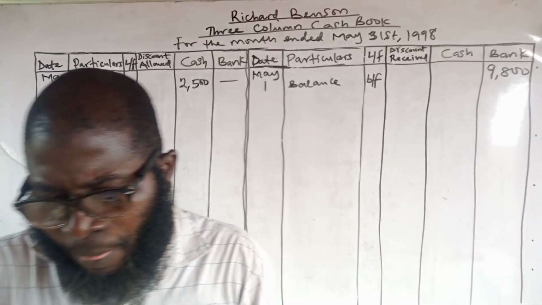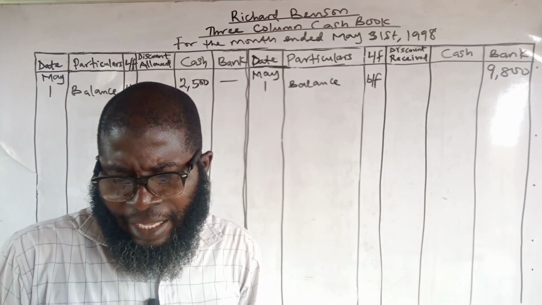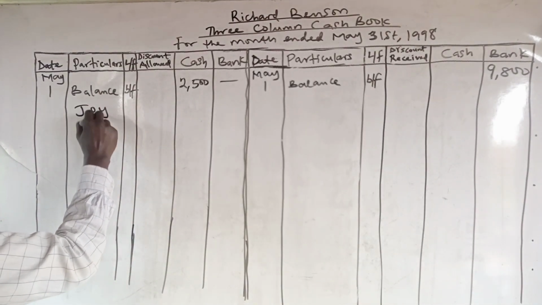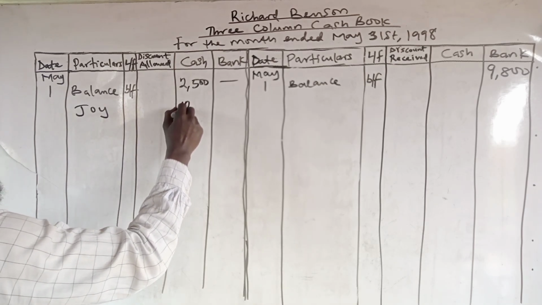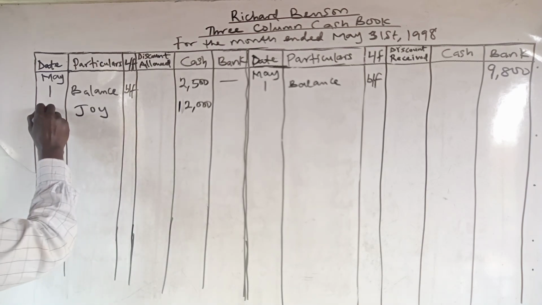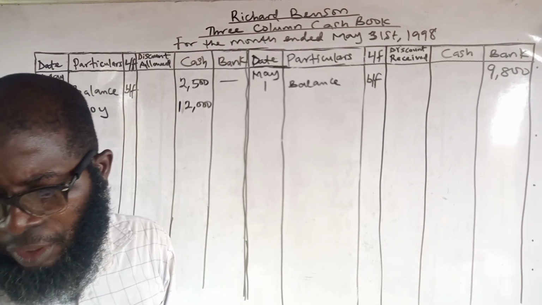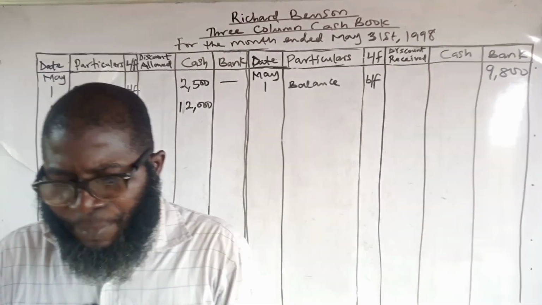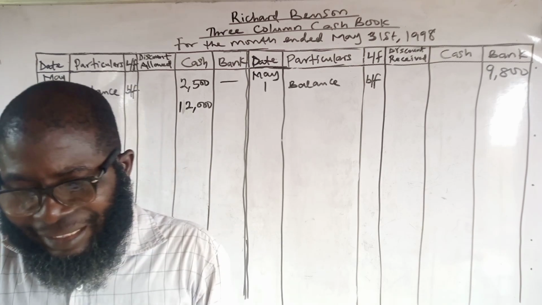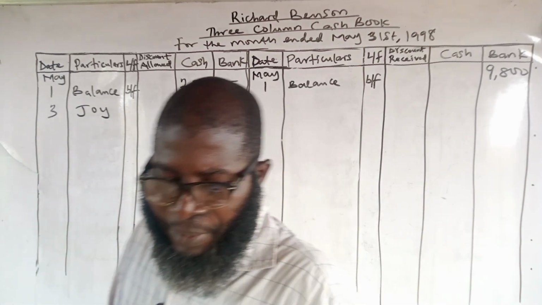Now, the next thing, May 3rd, received from Joy a loan of 12,000 naira by cash. Then we have Joy, cash, 12,000 naira. May 4th, withdrew cash from bank for use in the business, 900 naira. This is a contra entry indicating that money was withdrawn from the bank into the business.